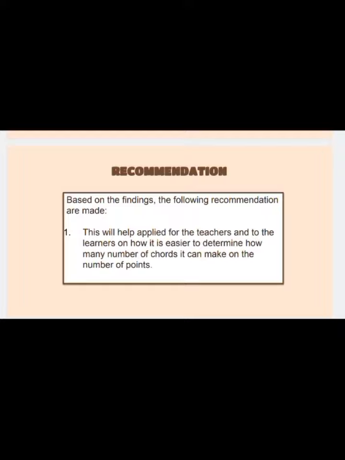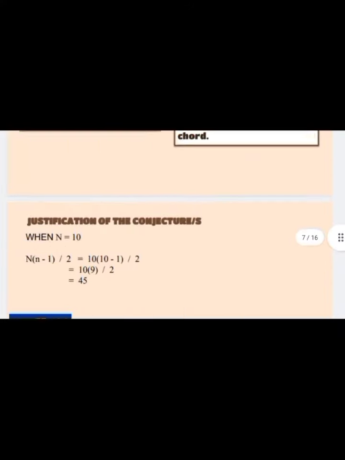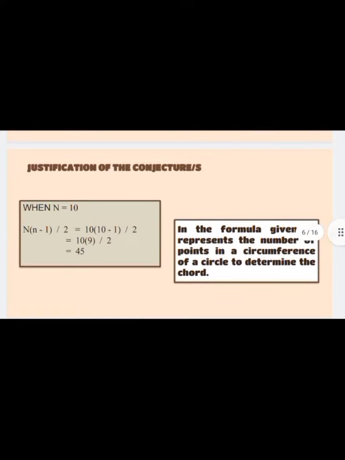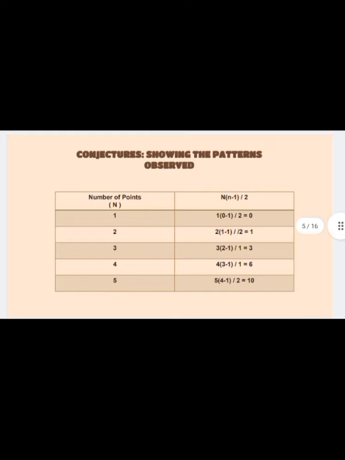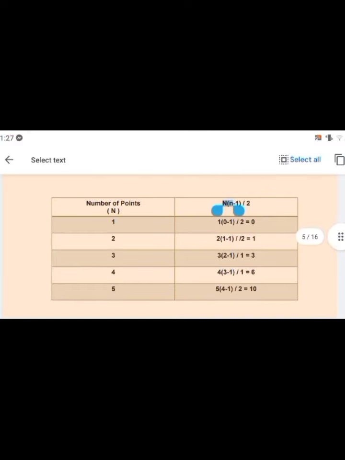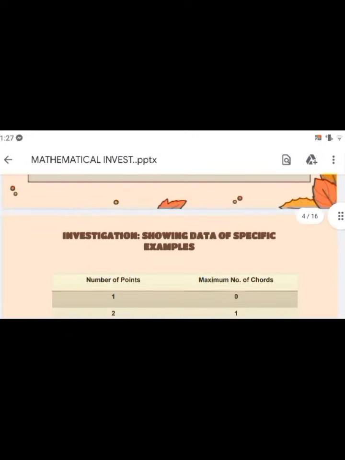So, in this study, you can easily make a chord using this formula, so that we can determine right away the number of chords that can be made or connected from the number of points we put on the circle.